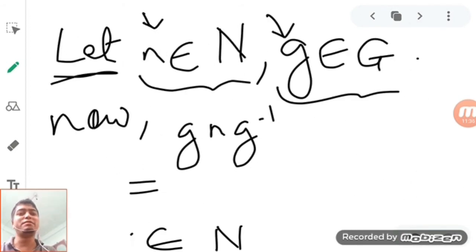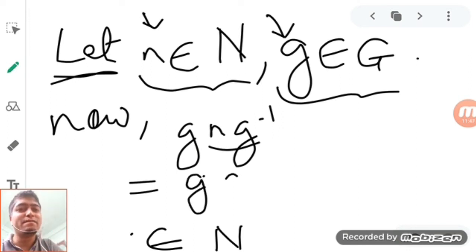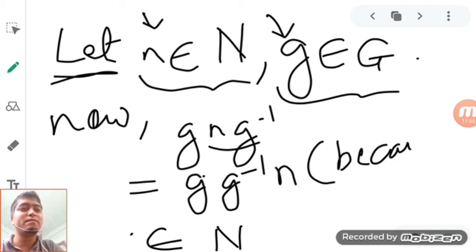Now we will try to use the abelian condition. Because it is abelian, you can interchange any two elements. That is why over here we can interchange n and g inverse, because G is abelian.